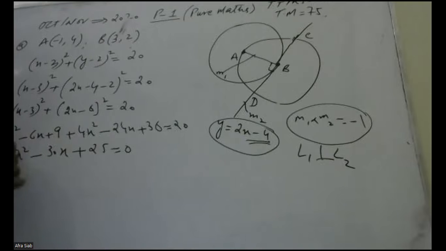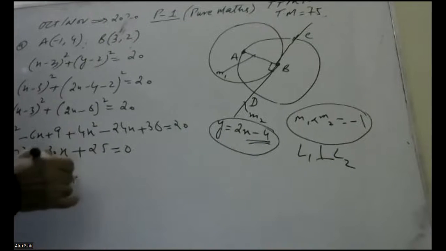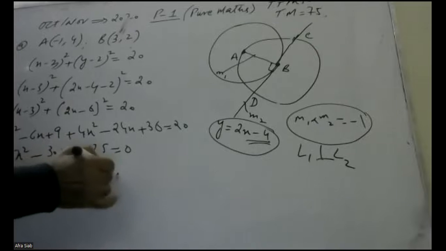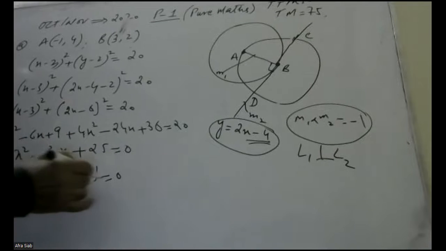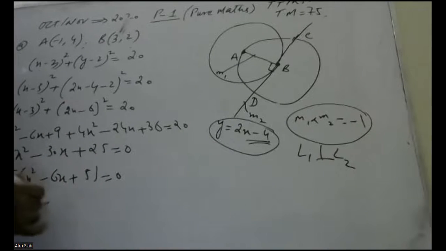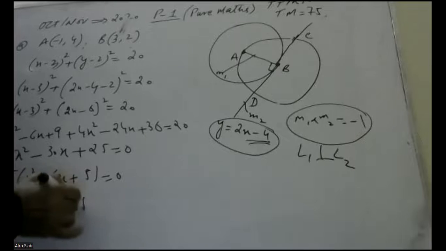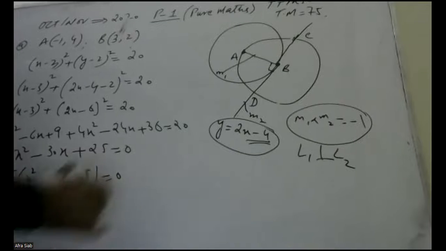Now we can take 5 common. Dividing both sides by 5, it will be x squared minus 6x plus 5 equal to 0.